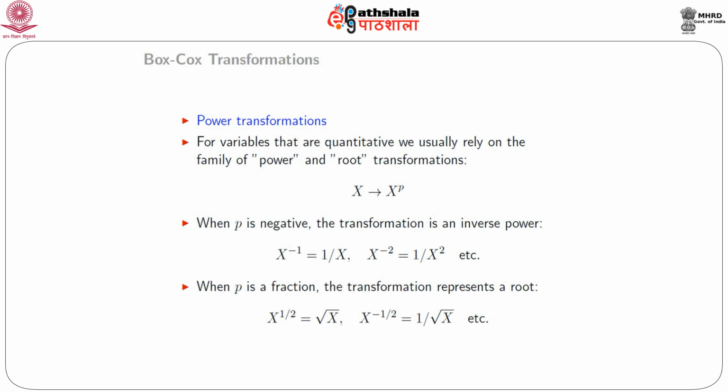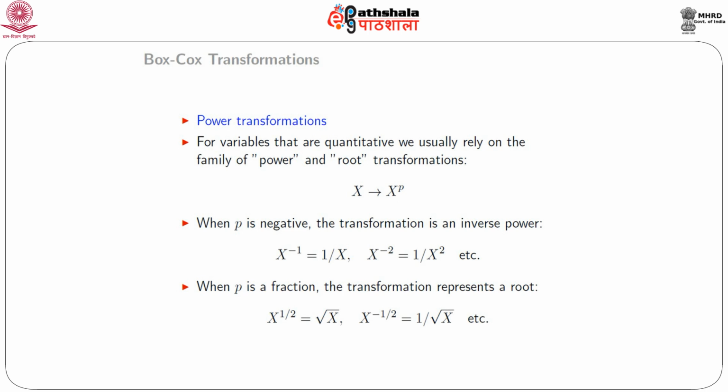When p is negative, the transformation is an inverse power transformation. For example, if p is minus 1, then x raised to the power of minus 1 would mean the inverse of the variable x, or in other words 1 divided by x. Or if p is negative 2, then x raised to the power of minus 2 is the transformation which is given by 1 divided by x square.